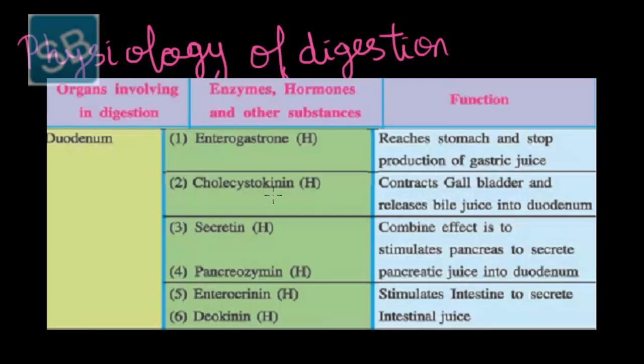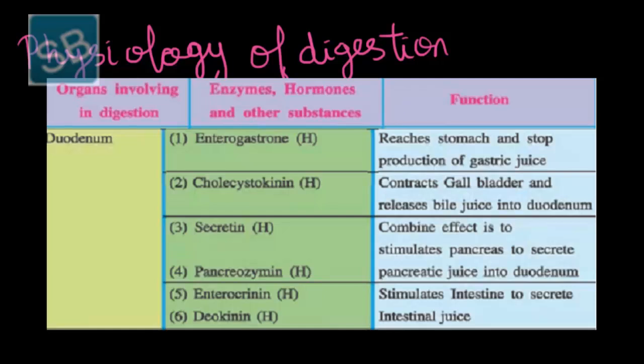For example, cholecystokinin helps in the contraction of the gallbladder, which helps in releasing bile juice into the duodenum. Then secretin stimulates the pancreas to secrete pancreatic juice into the duodenum. Similarly, other enzymes perform specific functions which help in the digestion of food in the duodenum.